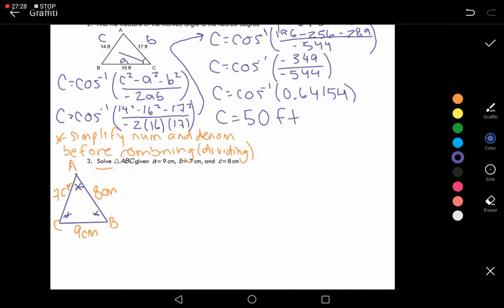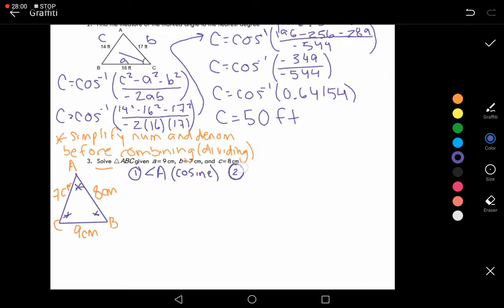The first thing you're going to do is choose an angle to solve for. It doesn't really matter which one you choose. Let's just say angle A. You're going to use the cosine law to do that. And again, I want you to do this on your own time before moving on to the homework.